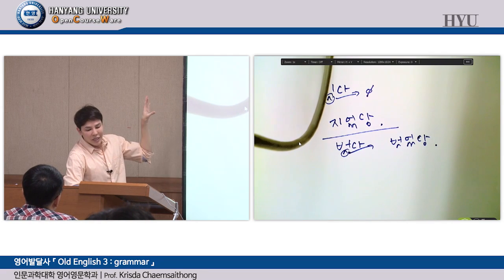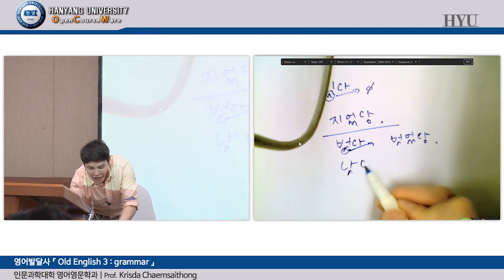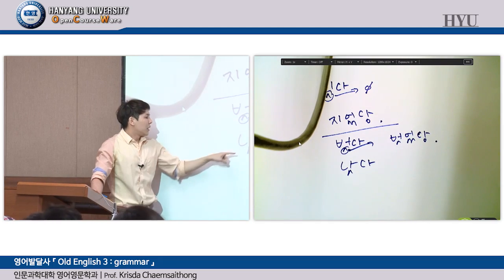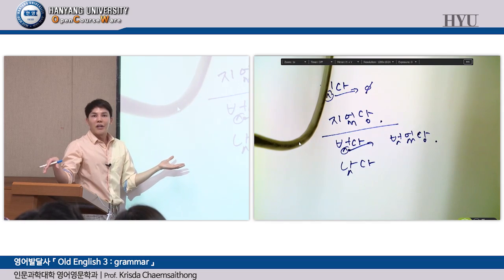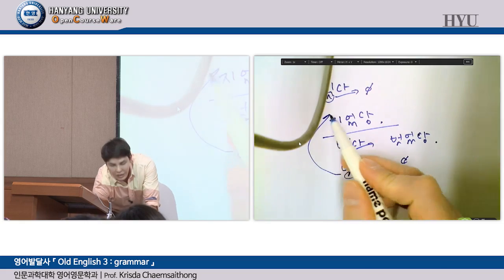So we put them in the same group. If I ask you, natta, which group should you put it in? This group or this group? Does this thing remain or not when you conjugate it? Na atta, so this thing goes away, so you put it in this group.